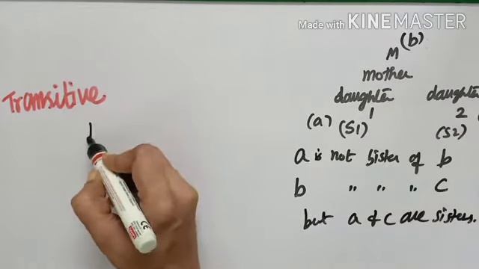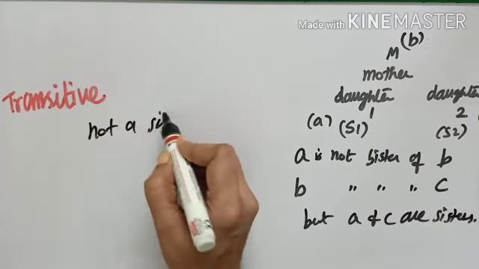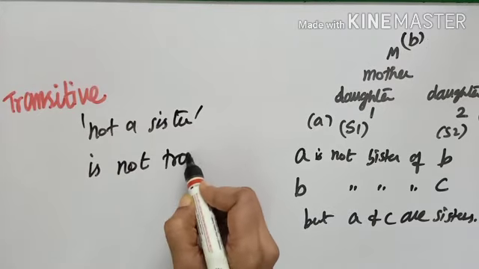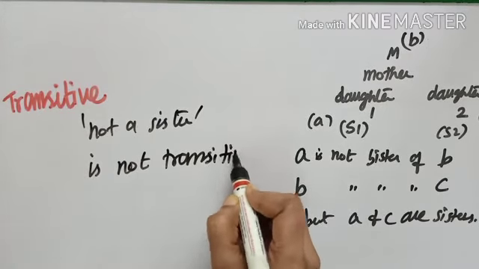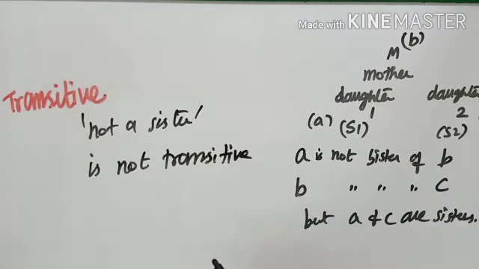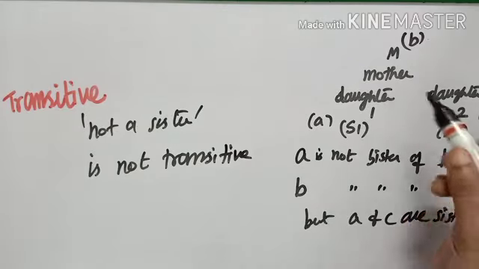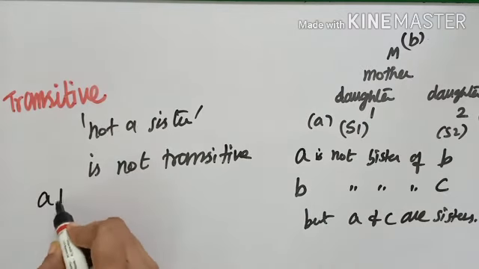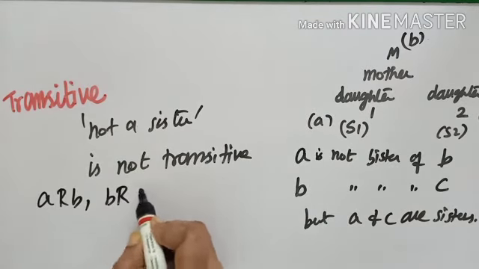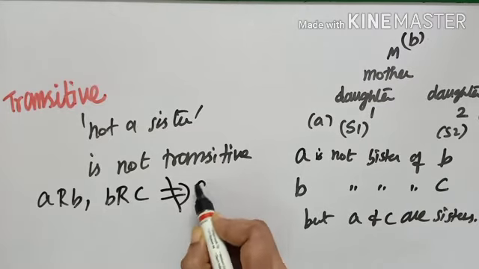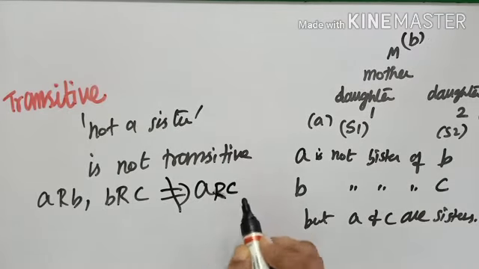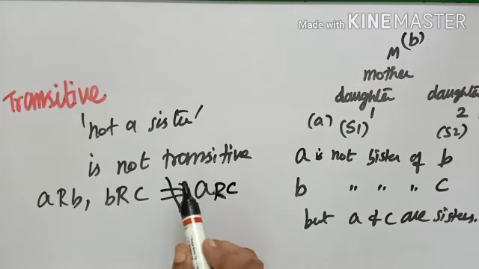Therefore, not a sister of is not transitive. Remember, not a sister of, we discussed the same in the earlier problem where it is just the members of the family. Even if it is female members of the family, A related to B, B related to C does not imply A related to C. Therefore, this relation is not transitive.